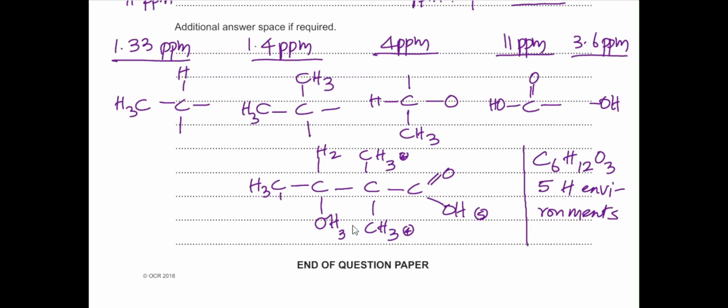Now let us look at the chemical shifts and the splitting patterns. So this is 1.33 ppm hydrogen environment. So it has got 3 hydrogen atoms on it next to 1 hydrogen, so that is satisfied. Let's remove these numbers because they are confusing. They were just marking off the hydrogen environments. Okay. This single hydrogen atom adjacent to 3 hydrogen atoms is 4 ppm.